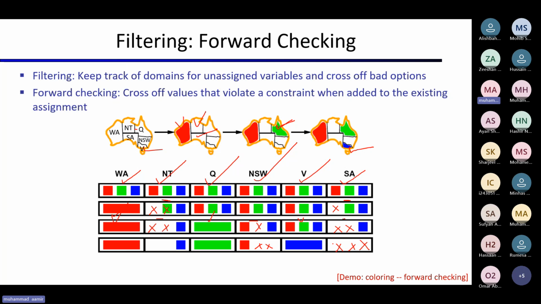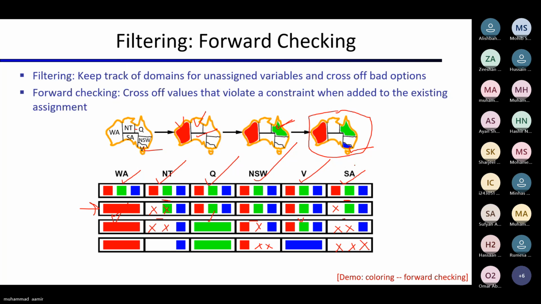So we have a complete chain. It means if we assign the red color to Western Australia, the green color to Queensland, and the blue color to V, this assignment is inconsistent, this assignment is not good, as it has left zero values for Southern Australia.